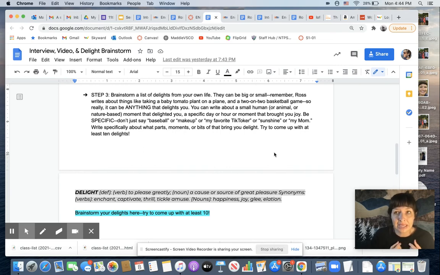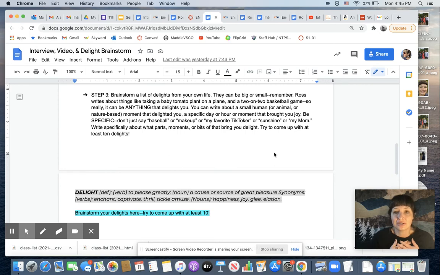What delights me might not delight you. The way that the tulip bulbs in my garden outside are already poking up through the soil, even though it's February, brings me delight. I am tickled by that when I see that, even though I'm like, go back down, it's too early, it might snow. I'm tickled by that. You might not be tickled by that. So I would suggest you not write about that.